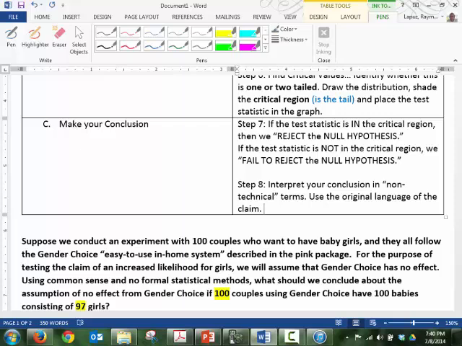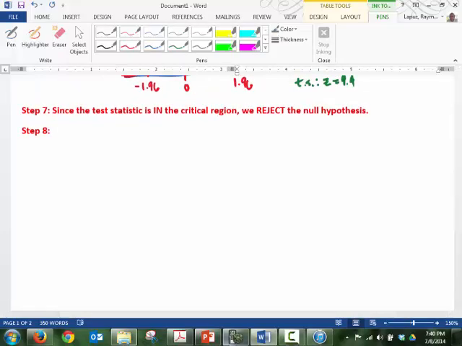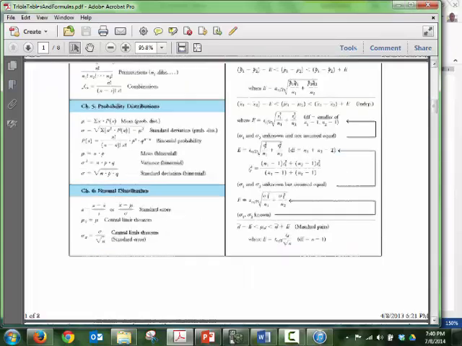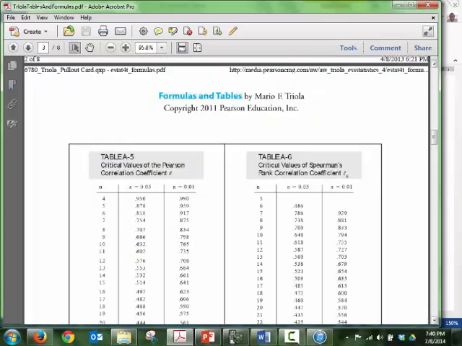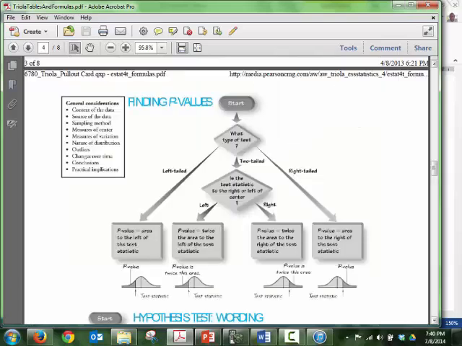So the really nice thing about this is that we have a special chart, and all you have to do is know how to read a flow chart to make things a little bit easy for us. This is a table of formulas, or a packet of formulas and tables, that I think you guys might be able to use for the test.